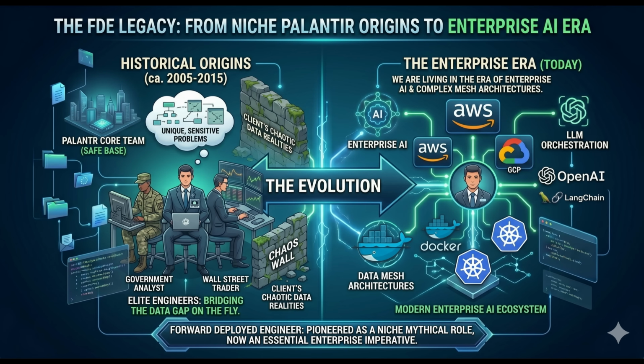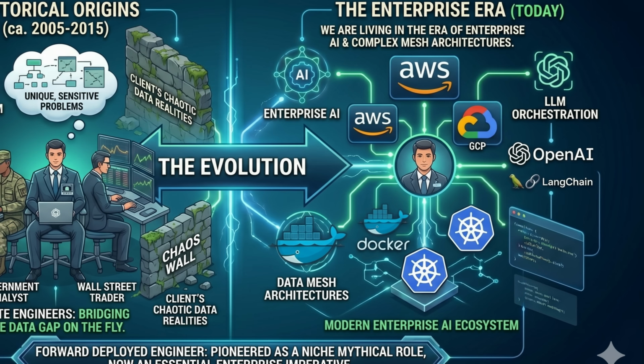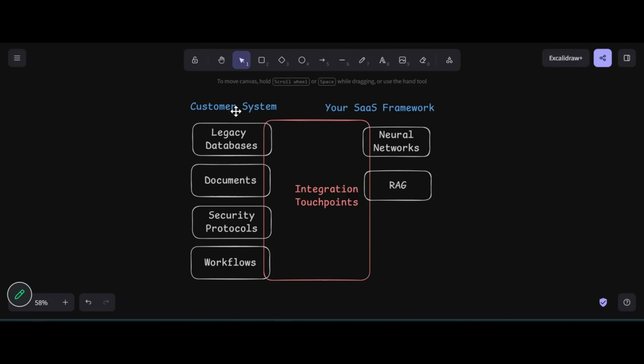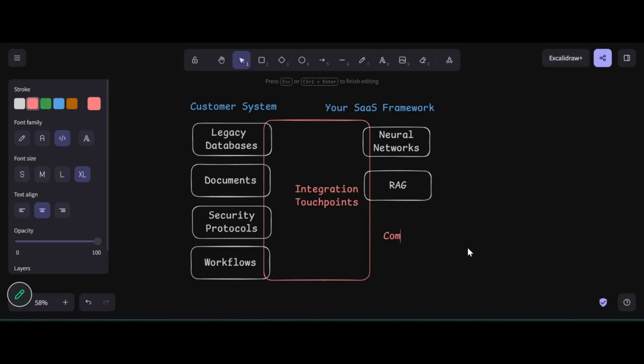For a long time, it was a niche, almost mythical role associated mostly with Palantir. But look at where we are today. We are living in the era of enterprise AI, LLM orchestration, and complex data mesh architectures. When an enterprise buys an AI agent system today, they aren't buying a finished product. They're buying a highly complex framework that needs to be deeply integrated into their proprietary internal knowledge bases, security protocols, and workflows.